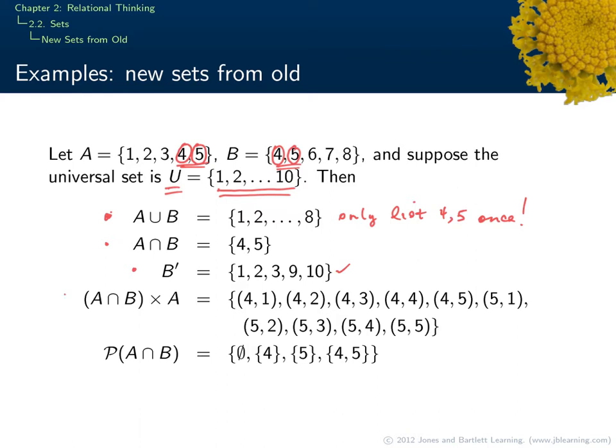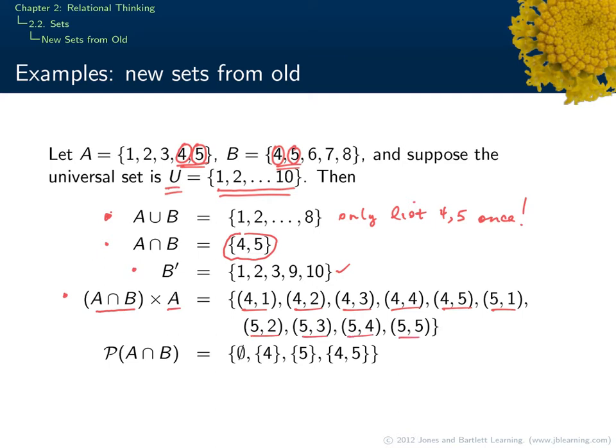Okay, next we're forming a Cartesian product. So this is going to be a set of pairs where the first number in each pair is going to come from A intersect B, and the second number in each pair is going to come from A. So A intersect B, remember, consists of the numbers 4 and 5. So when I look at all of these ordered pairs, the first entry will either be a 4 or it will be a 5.